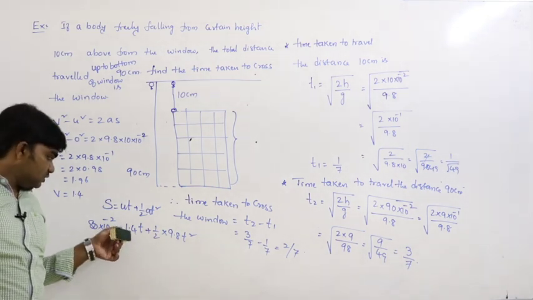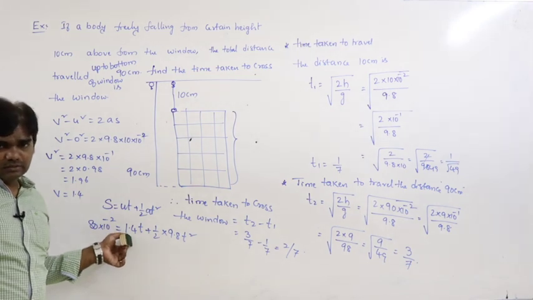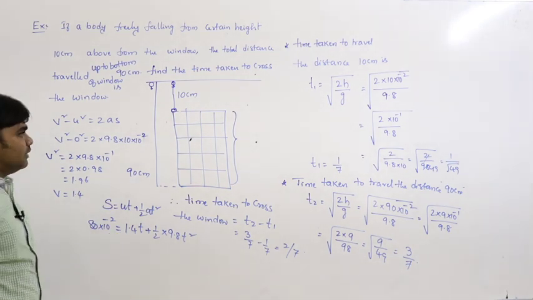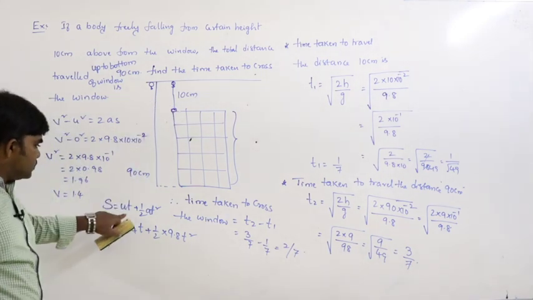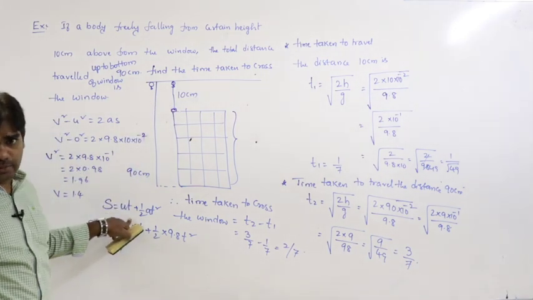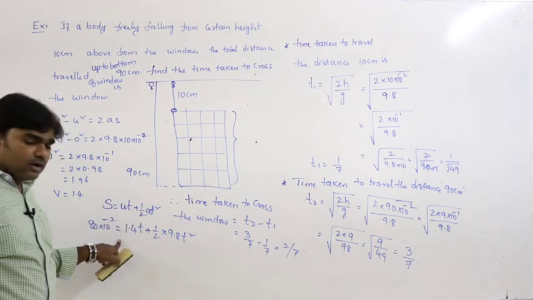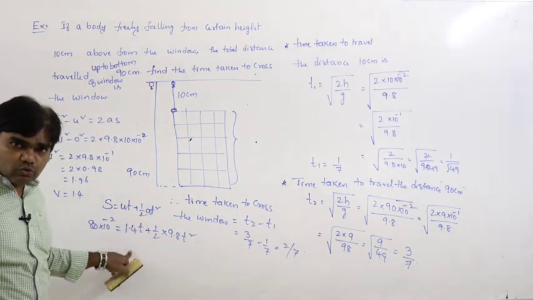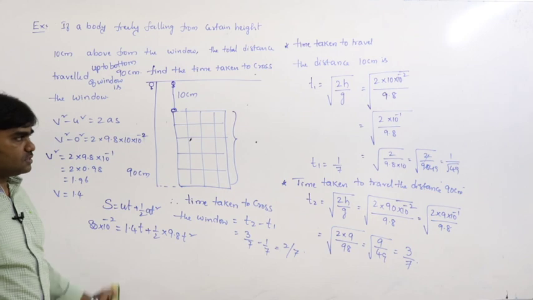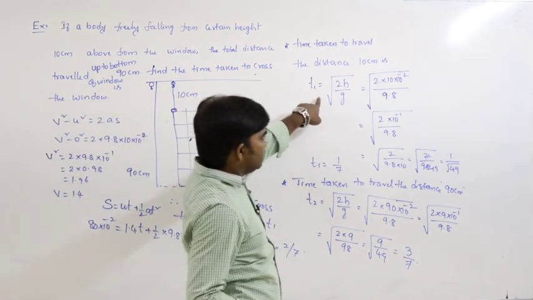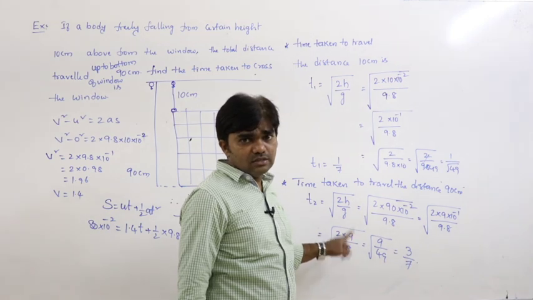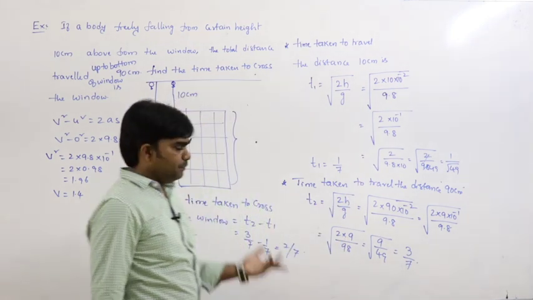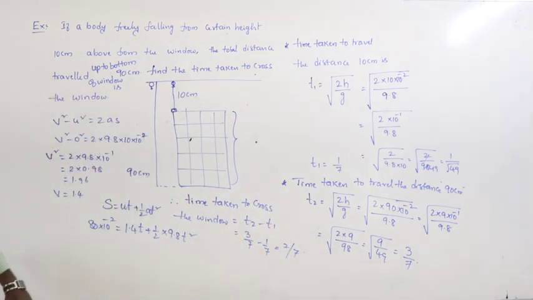Of course, based on this also we can get the answer, but it is a lengthy process. Simply, only one formula here: under root 2h by g once, under root 2h by g in the second case, t2 minus t1. This is the one model.